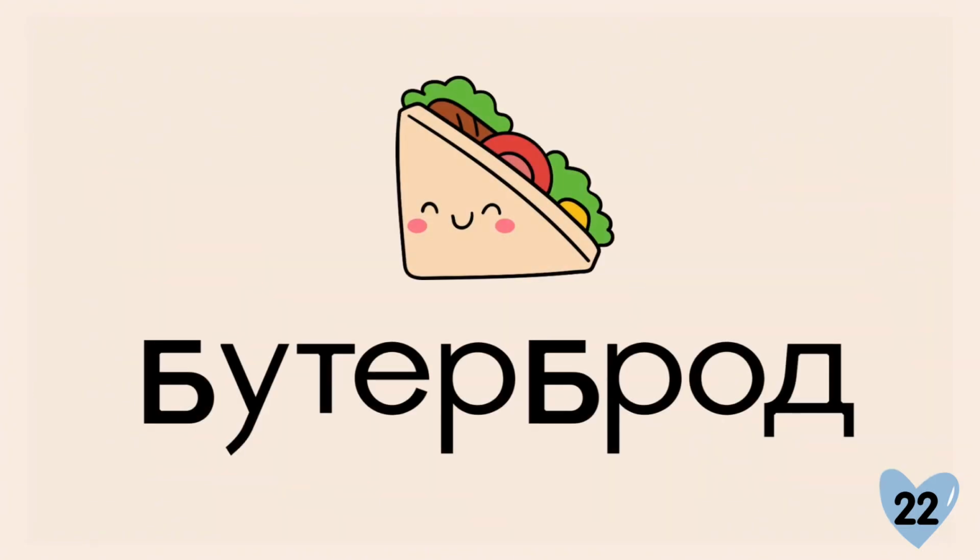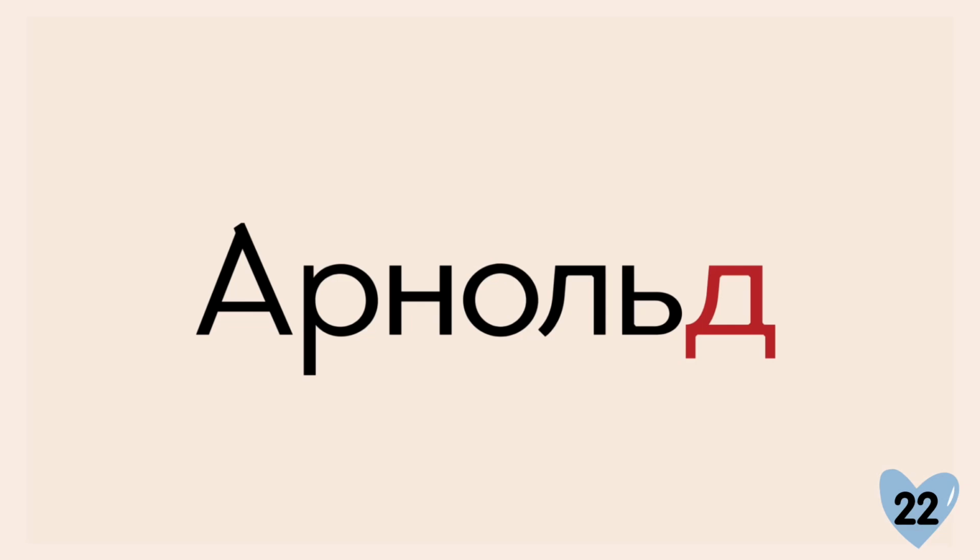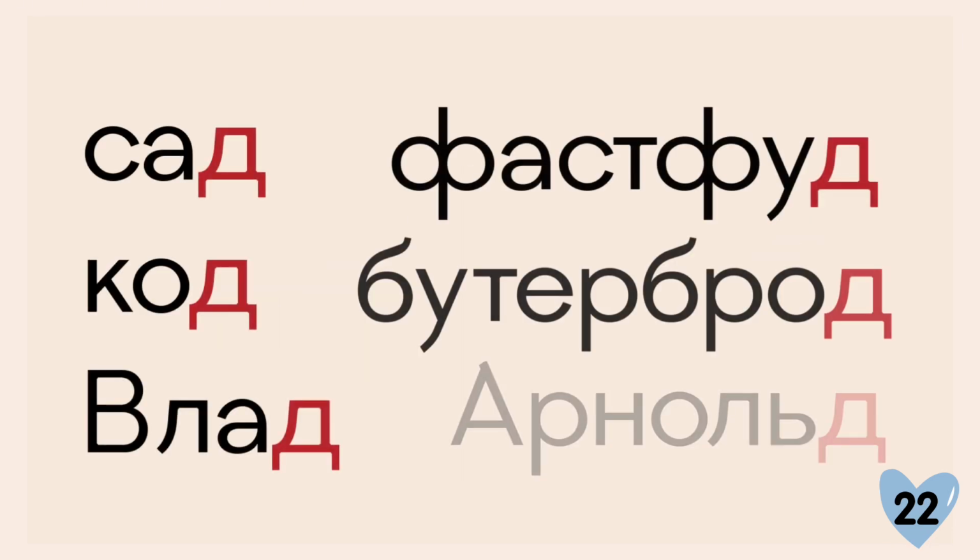Let's read one more word, a name you already know, from English of course. Arnold. Now, read it in Russian and don't forget today's rule. That's right. Arnold. See? It works in any word.